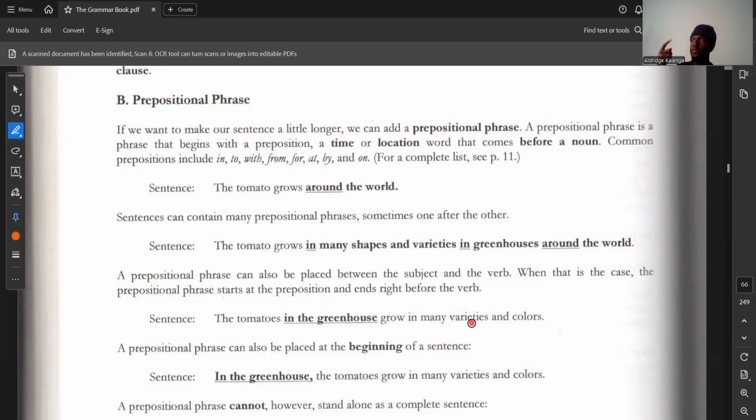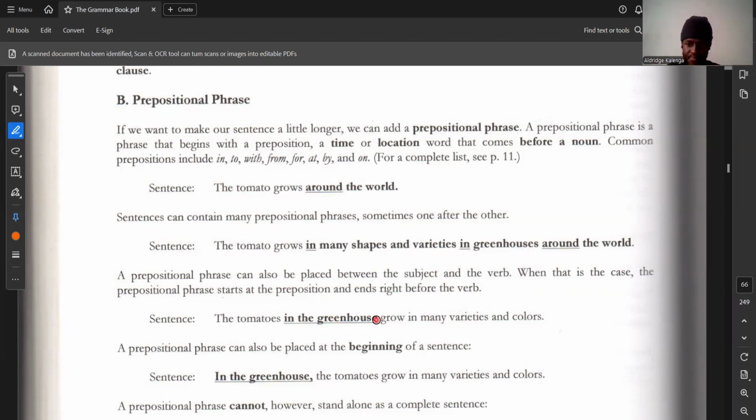I don't think anyone reads that way. You're reading a message and you're not thinking, oh, this is an independent clause. No one is trying to be too technical, so you don't really have to overthink it. This is just for you to be able to recognize it, or if I say a prepositional phrase, you know what I'm talking about. It's just a phrase that begins with a preposition.